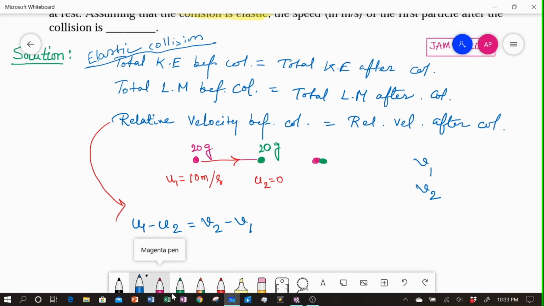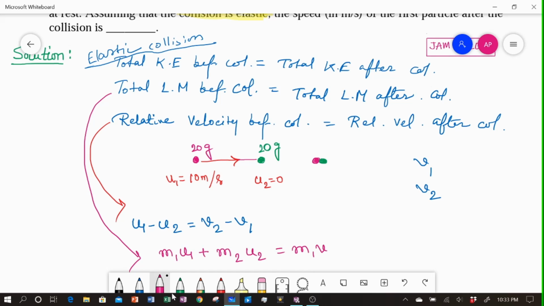And from this one we have m1 u1 plus m2 u2 equal m1 v1 plus m2 v2.